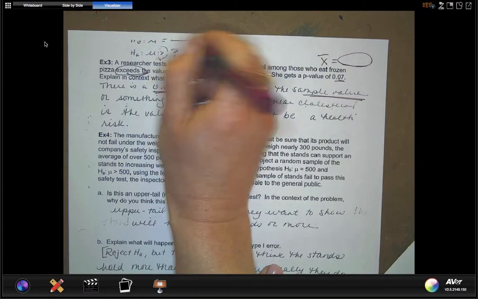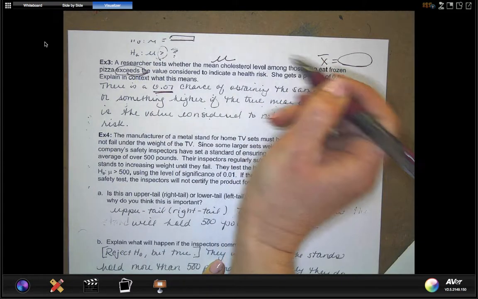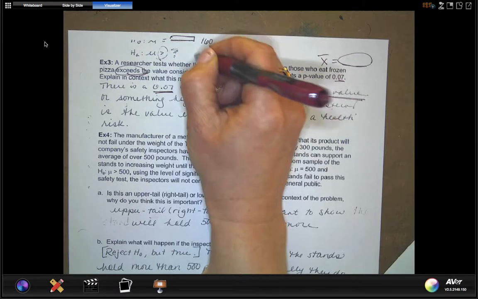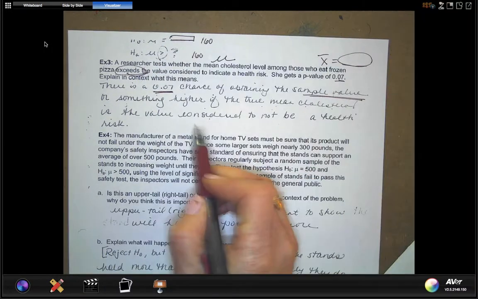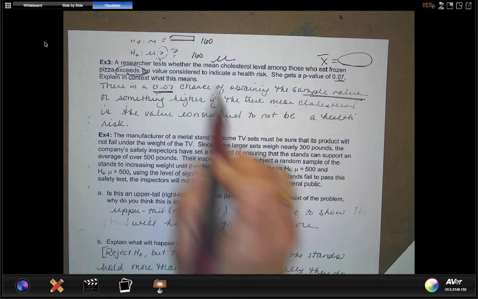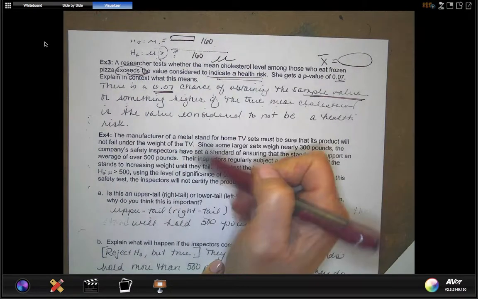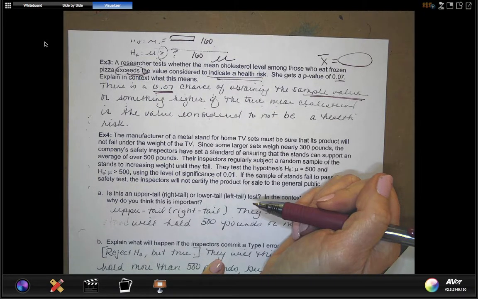So whatever that number is, like, I don't know, if this is 160, so this is greater than 160. So if the true mean value is whatever that number is, 160, whatever is not the health risk, okay?